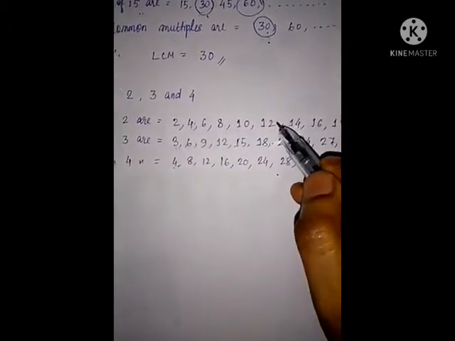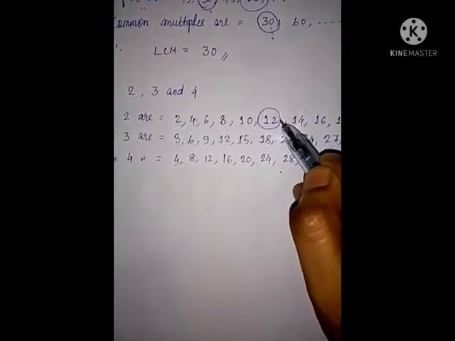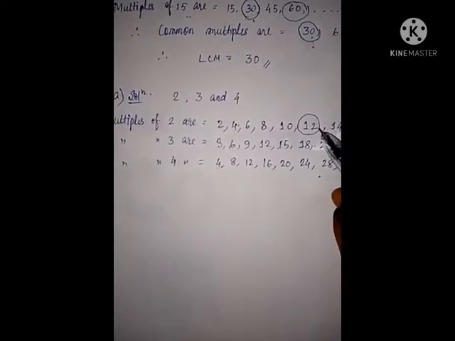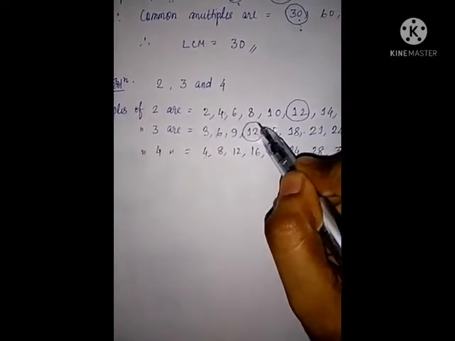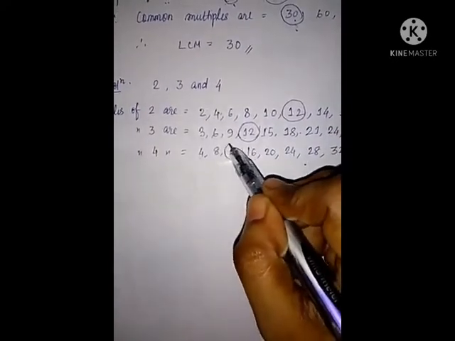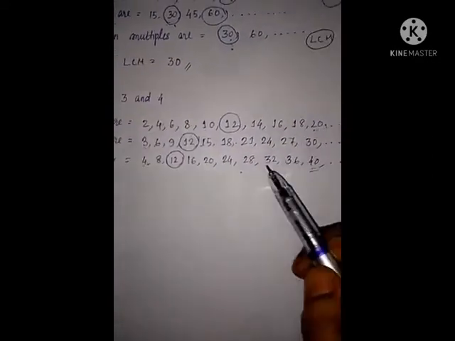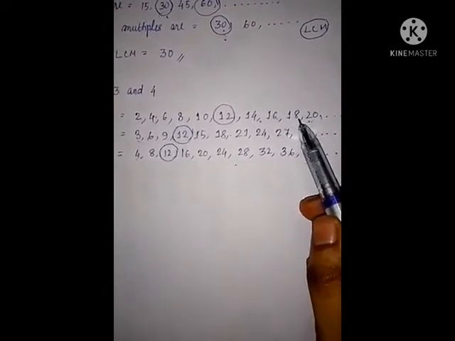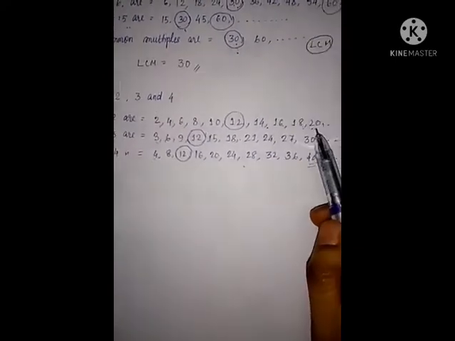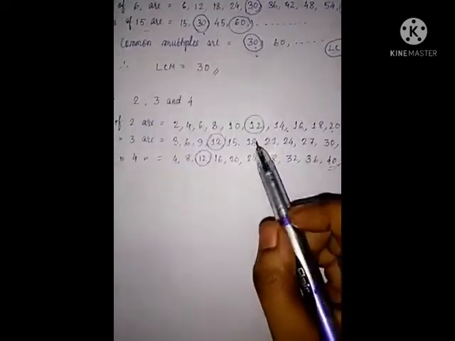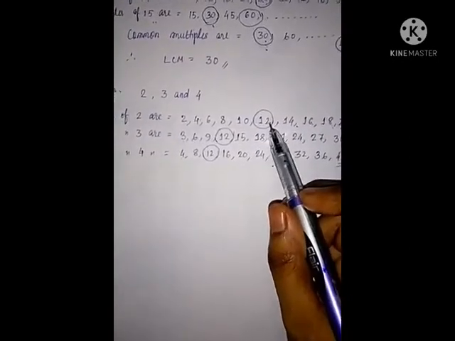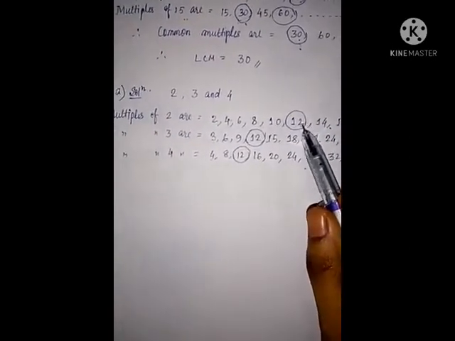See, 12 we have found in the multiples of 2, 3 and 4 also, so this is common. Okay, see, 18, no, 20, no. So we have got the common multiple which is 12.